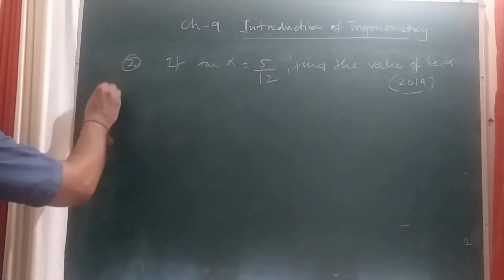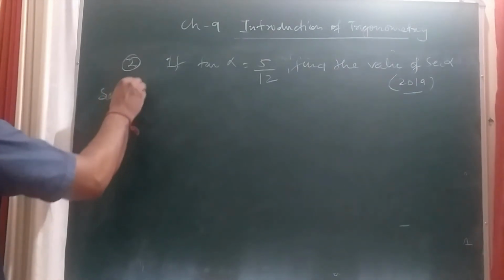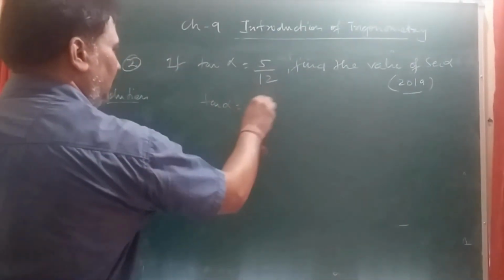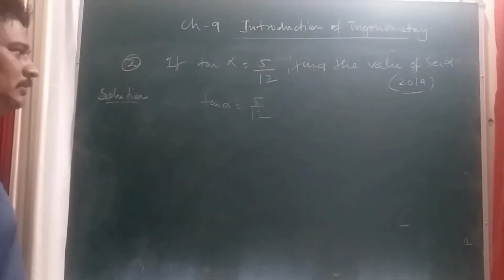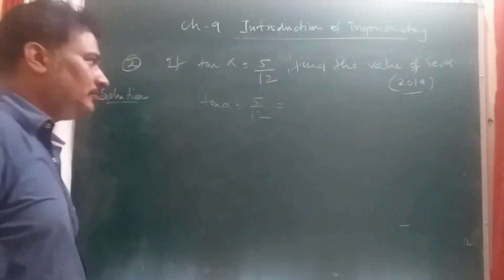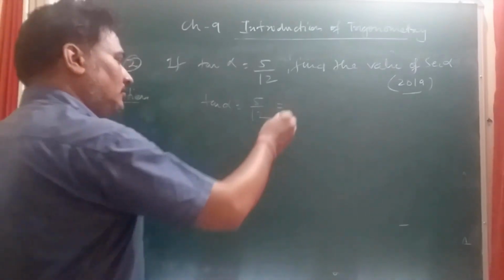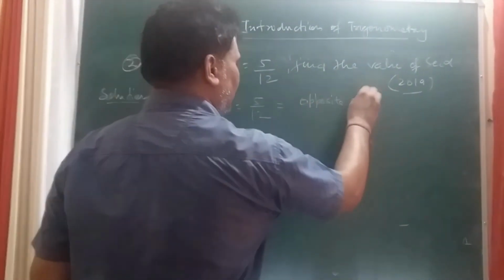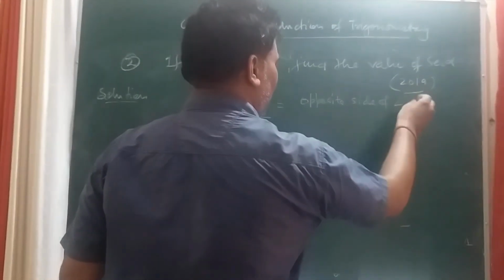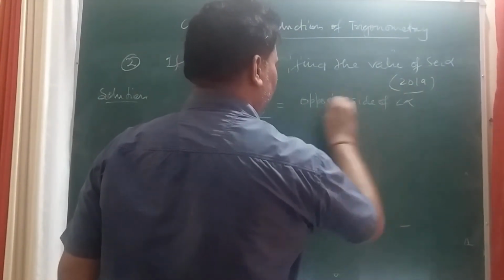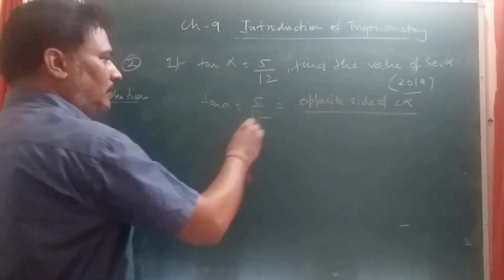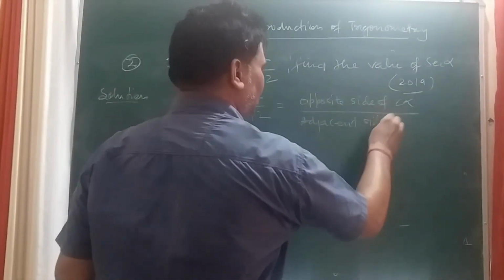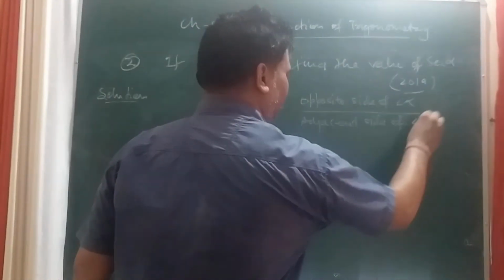Now you have the value of tan alpha. Tan alpha is 5 by 12. It means the 5 is opposite side of angle alpha and 12 is adjacent side of angle alpha.